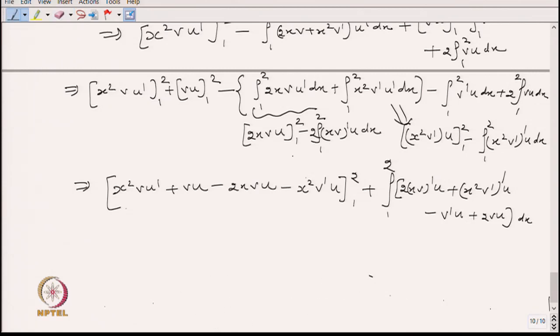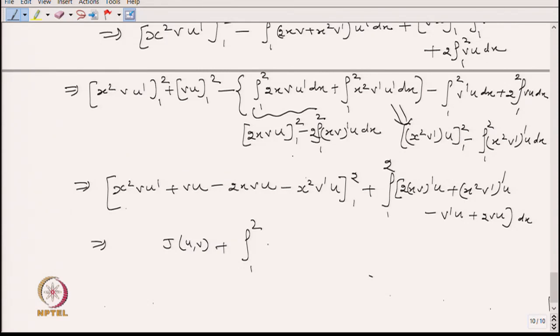So, from here, this is my J of u, v plus this quantity. I can just expand this one and then solve.